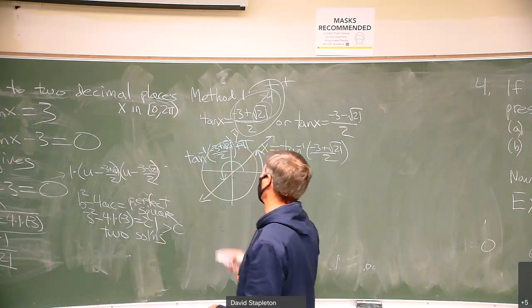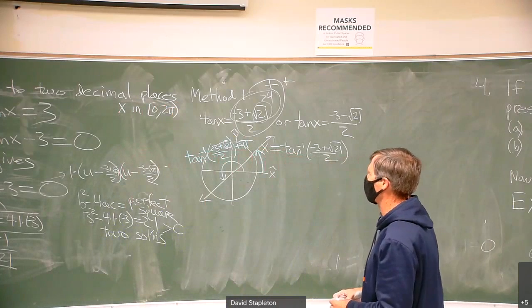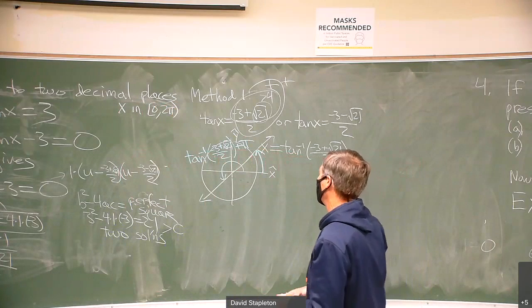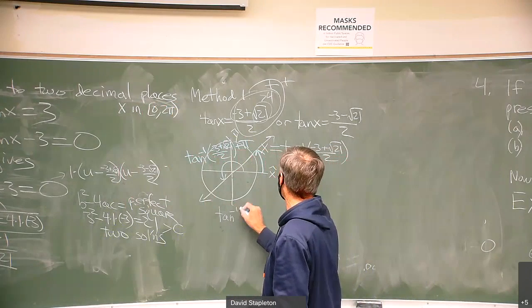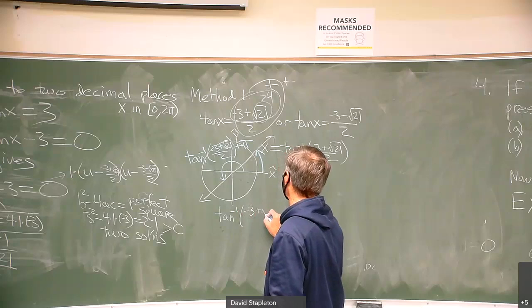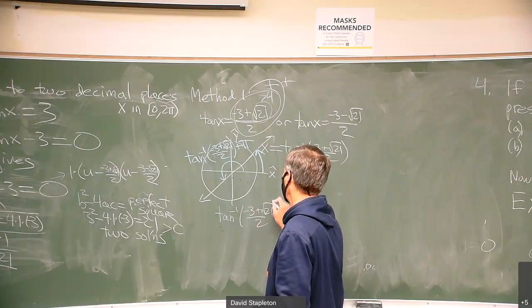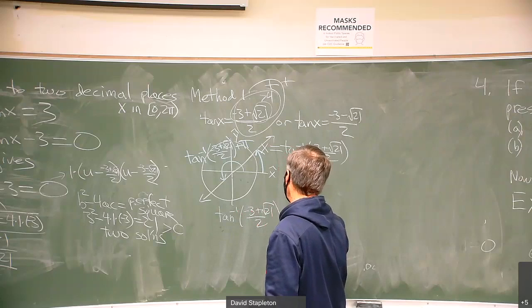So all I'm going to have to do is find those two angles. There they are. I just have to run these in my calculator: arctangent of minus 3 plus square root 21 over 2, and the same plus pi.